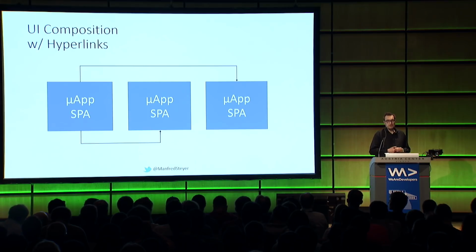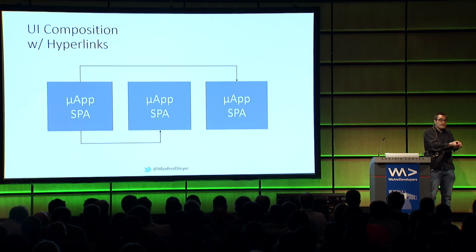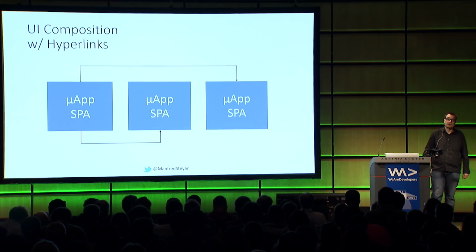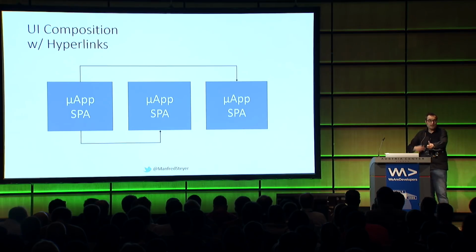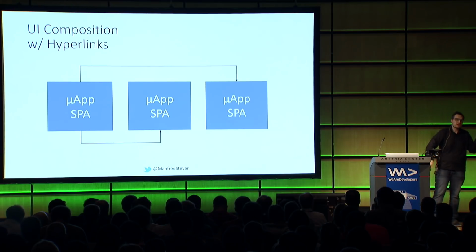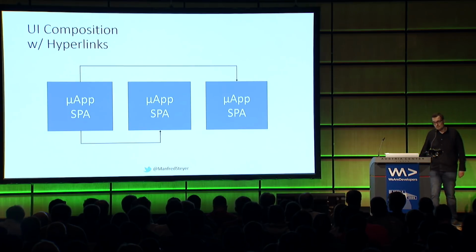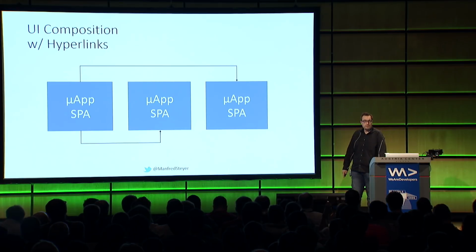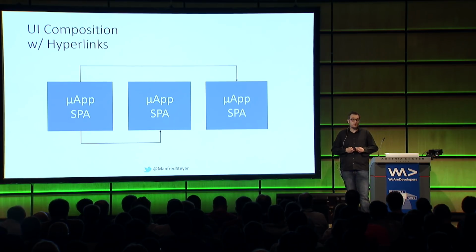One drawback here is that you are leaving your single-page application and entering a new single-page application when you are following a hyperlink. That means you have a postback, that means you need to load a lot of data, and that means you are losing your state. But it turns out that in some situations, going with hyperlinks is the right choice.